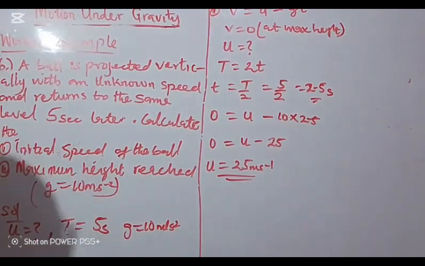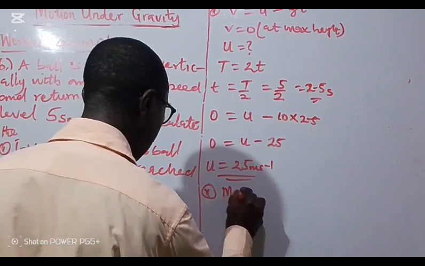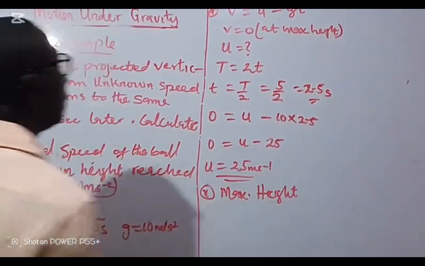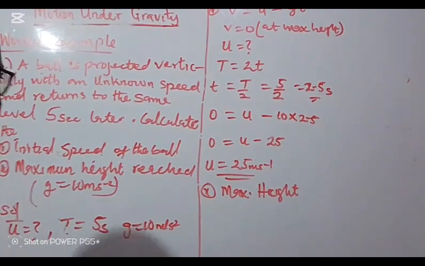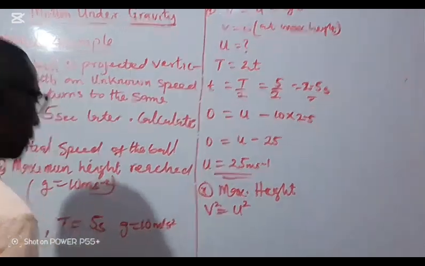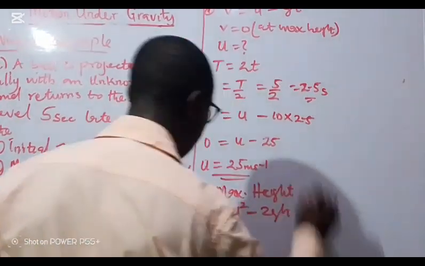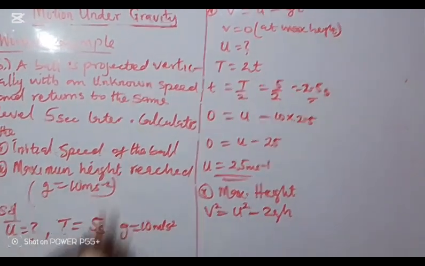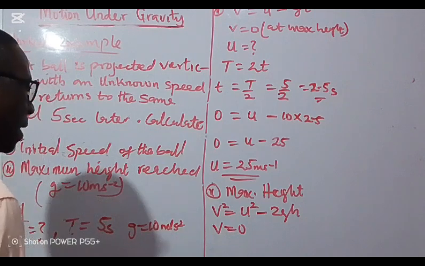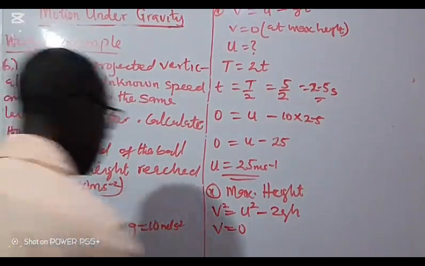Now question 2, maximum height. Apply equation 3 also. That one will give us v squared is equal to u squared minus 2gh. At maximum height, don't forget our v remains 0. Already the value of u is known. So we need h. Make h the subject of the formula.